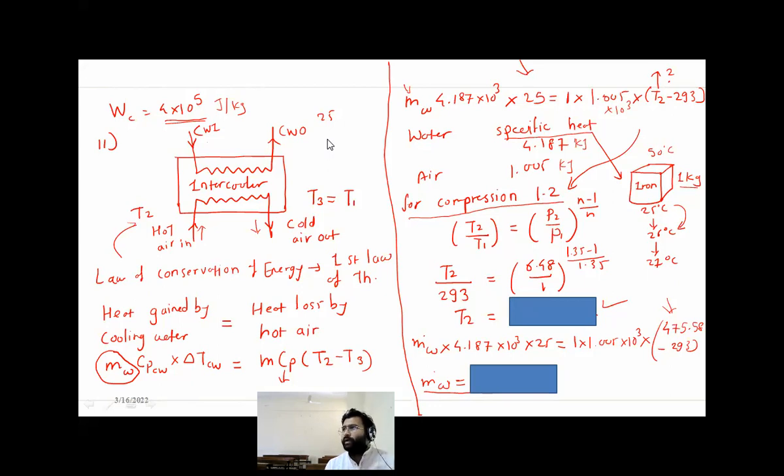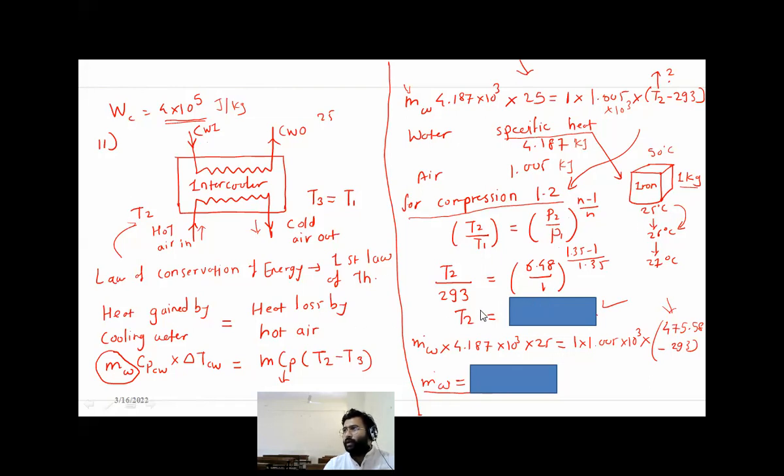Now, how to calculate T2? The compression process is isentropic. For an isentropic process, as we saw in the last numerical, there is a relation between temperature and pressure. So T2 by T1 is equal to P2 by P1 raised to n minus 1 upon n. Here T2 is unknown, but T1 is given as 20 degrees Celsius or 293 Kelvin. P2 we calculated as 6.48, and P1, the suction pressure, is 1 bar.